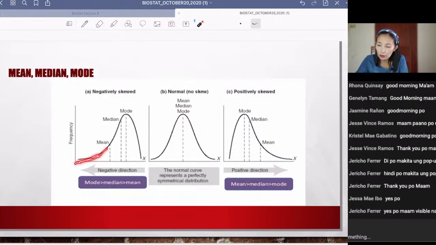There are a few students who got low marks, for example, in a very easy quiz. The tail is our basis for saying negatively. Negatively, the tail. Positively, look at the tail. Where is it extending, to the left or to the right? That is positively skewed. Okay?